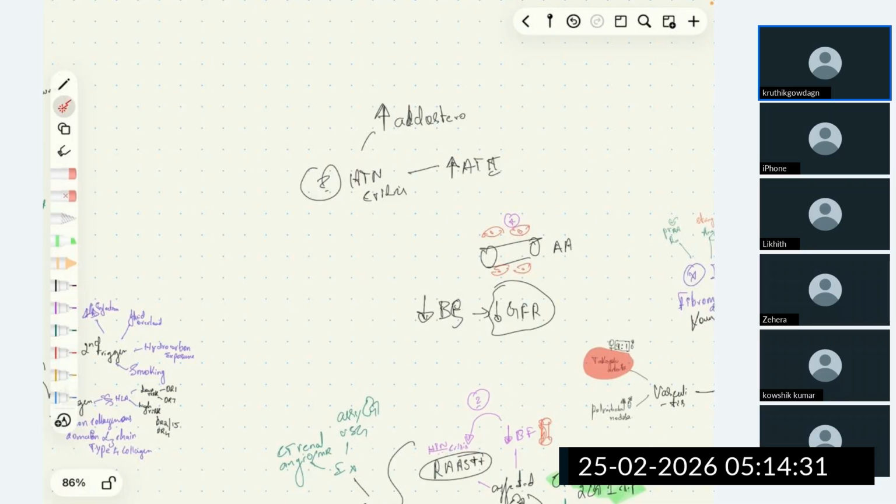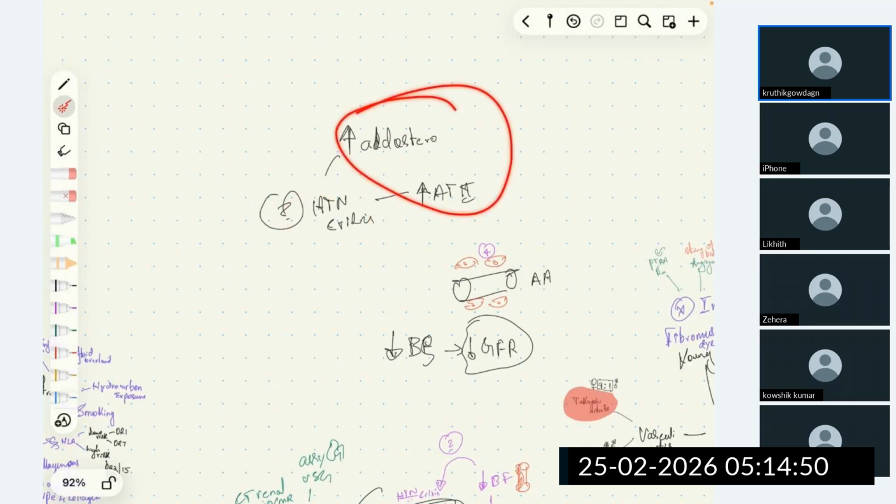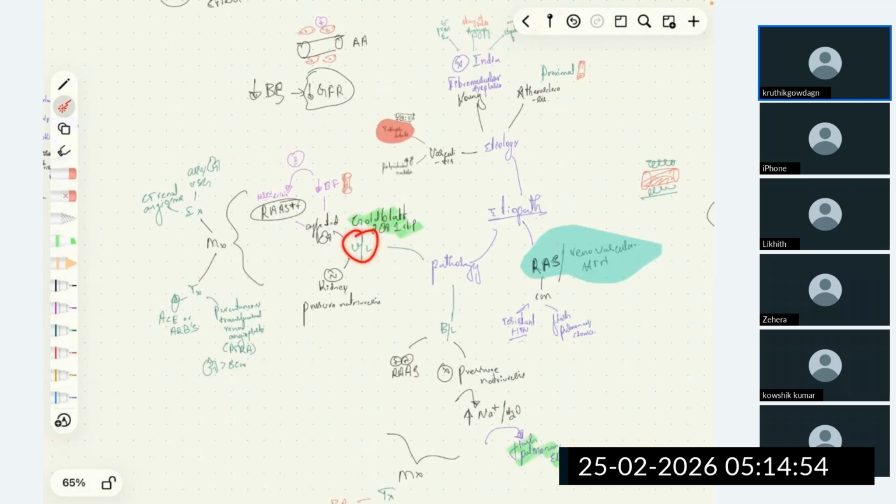One, increased aldosterone will stimulate ENaC channels and cause sodium and water retention, leading to hypertension. The second, angiotensin 2, will stimulate angiotensin 2 receptors and cause vasoconstriction, leading to hypertension. These two players will lead to hypertensive crisis in unilateral RAS. So there is activation of RAS leading to hypertensive crisis. This is the story of the affected kidney.